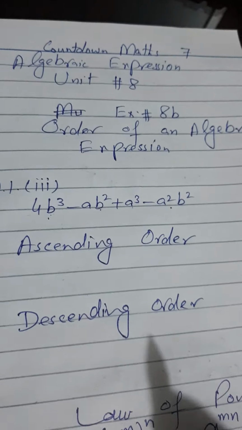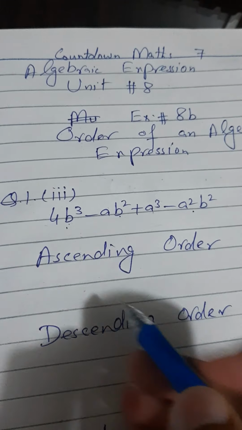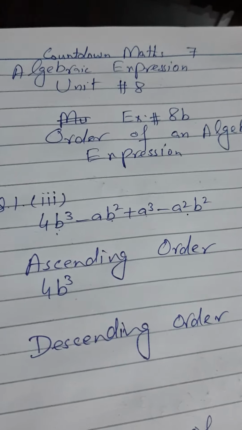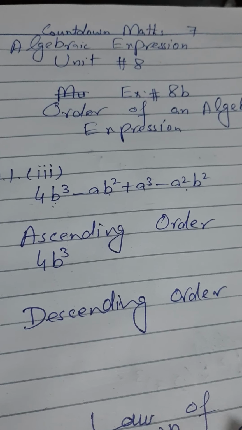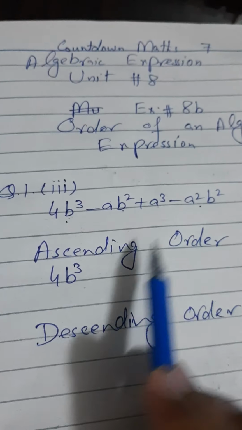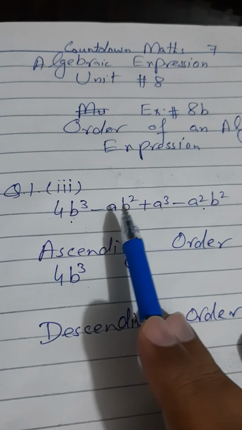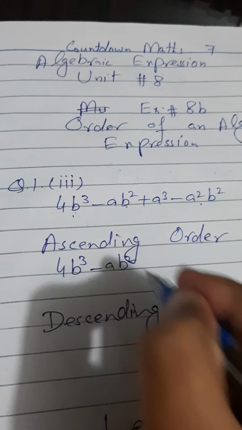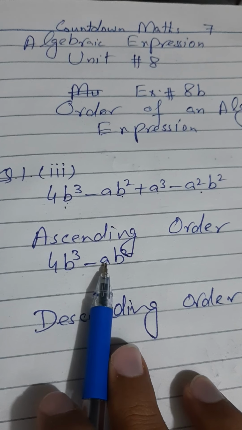So first of all we write the term with exponent of a 0, that is 4b cube. We write 4b cube first, and every time you write any term you have to use its sign. Now we write the next, that is minus ab square, where the exponent of a is 1.